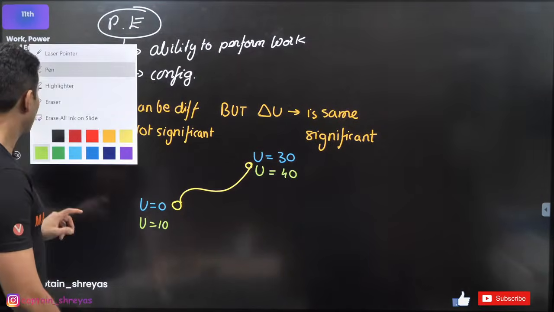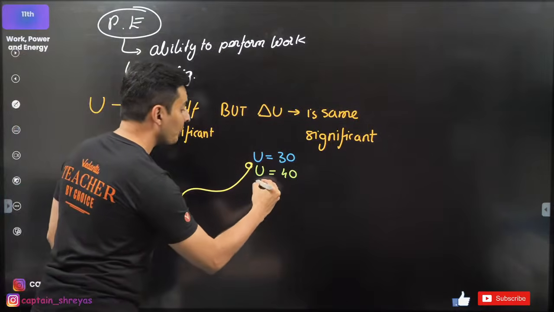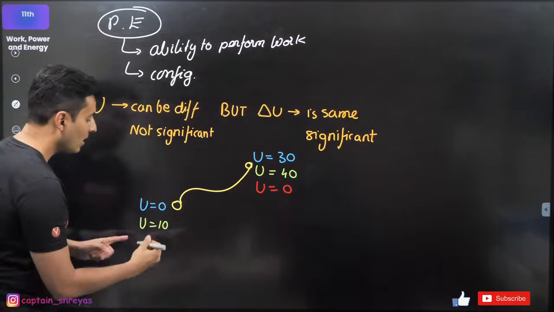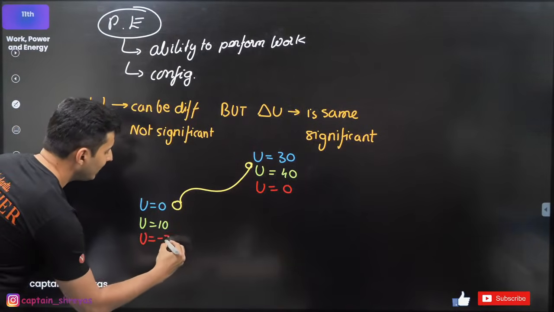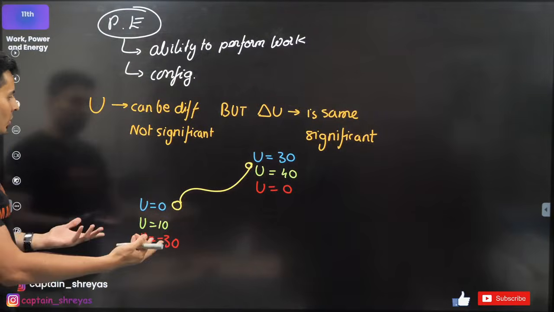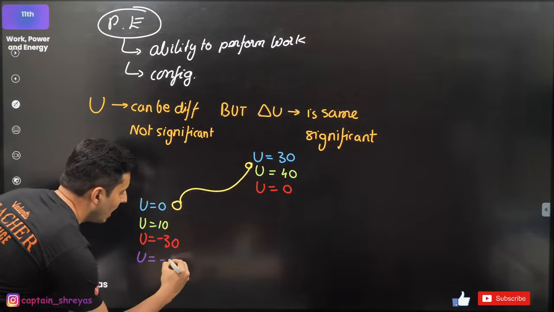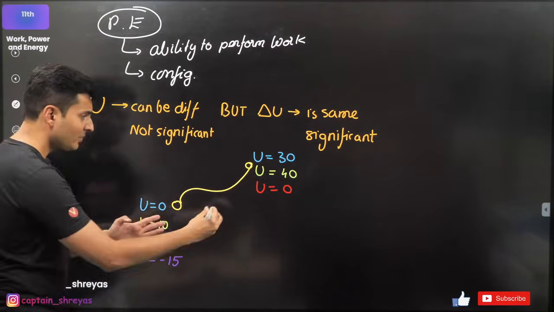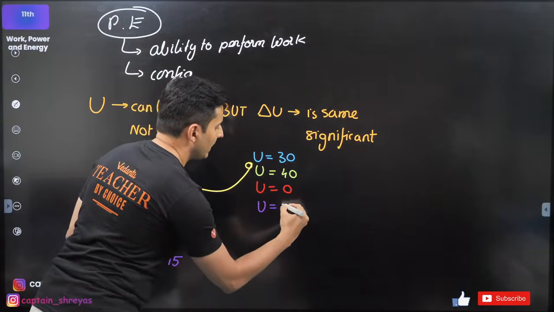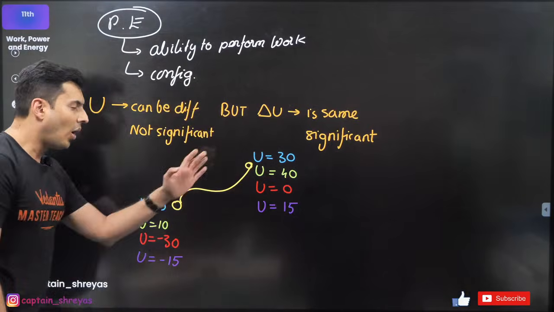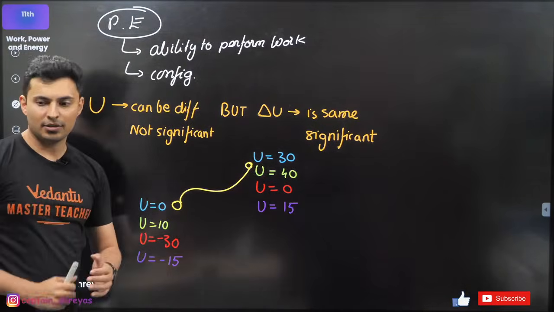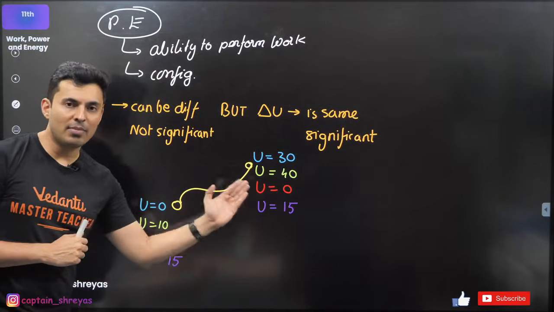Fair enough. Somebody will say, no, wait, U is 0 here and minus 30 over here. No problem. Somebody else will say U is minus 15 over here and plus 15 over here. All of them are correct.